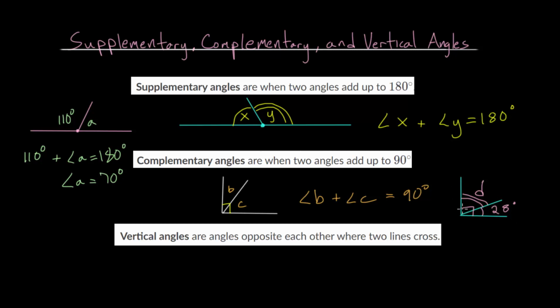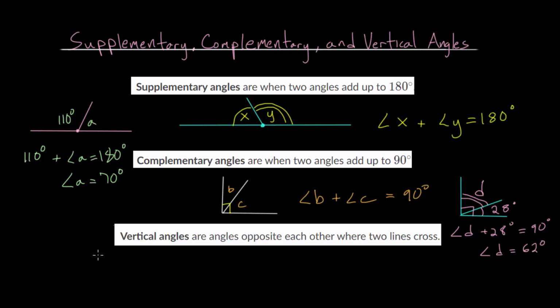They both add up to a right angle here. So angle D plus 28 degrees is equal to 90 degrees. So we can solve this equation. We could subtract 28. So that would be 62 degrees. So angle D is 62 in this case.